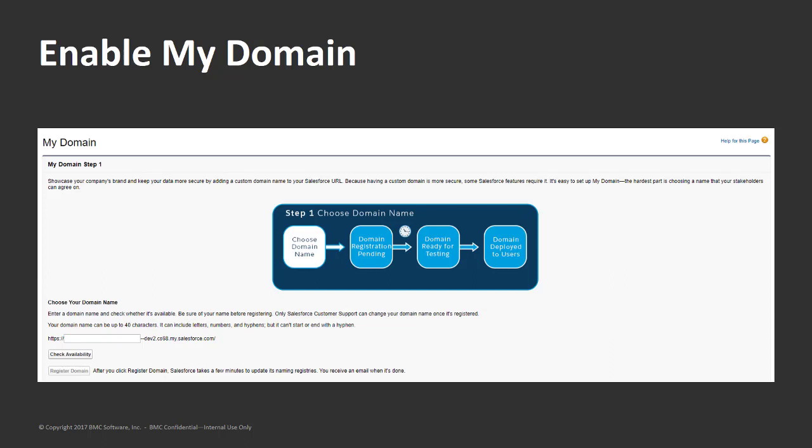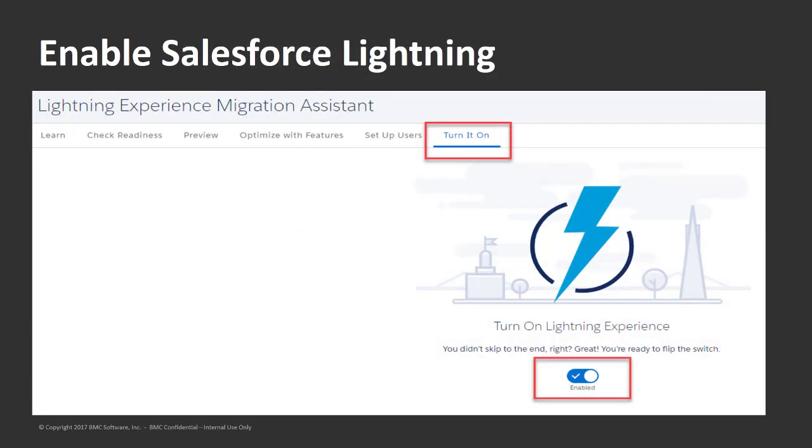There are other great features that come with My Domain, and we encourage you to check out Salesforce Help for details. In Salesforce Setup, Salesforce has introduced the new Lightning Experience Migration Assistant. There's a lot here to help you think about potentially migrating to Lightning, but the big point here is that under Turn It On is where you can actually enable Lightning for your org.